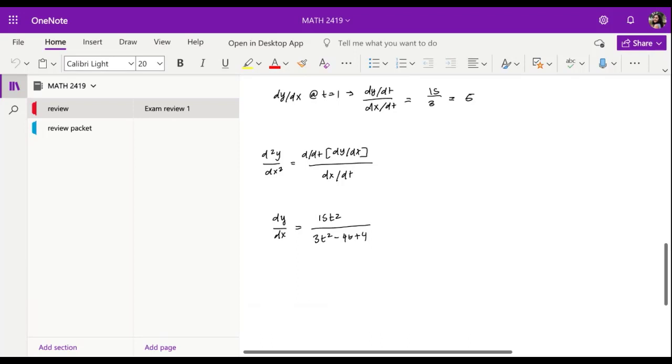First, quotient rule is low d high minus high d low. Let me write this out.